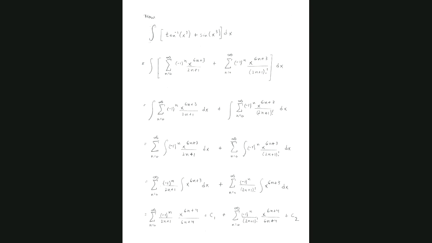All right, so the integral of the sum of these functions is the integral then of the sum of the power series. But now we have the sum of two power series. Notice that the sums both start with the same index, n equals 0.